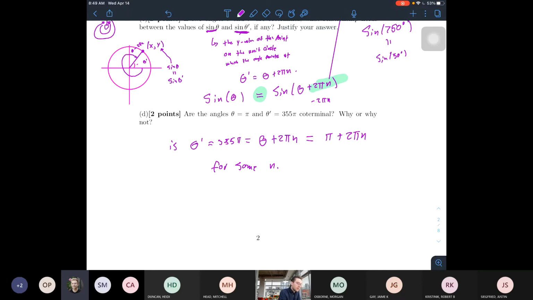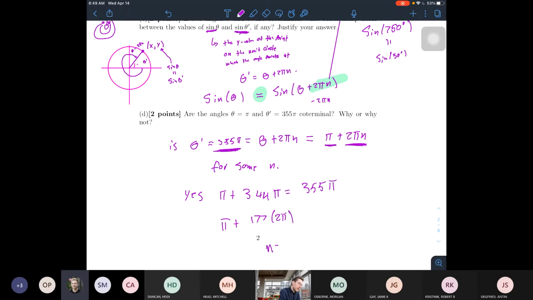So we need to ask ourselves, can I add a multiple of 2 pi to pi to get 355 pi? The answer is yes. Pi plus 344 pi is equal to 355 pi, and this would be pi plus 177 times 2 pi.